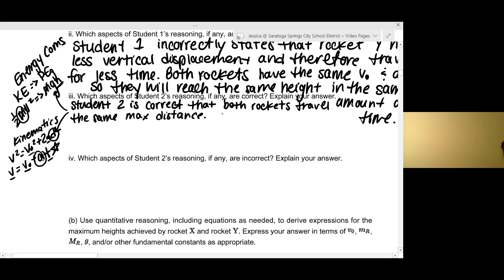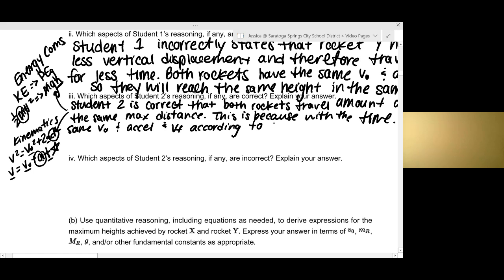This is because with the same v0 and acceleration, according to v final squared equals v initial squared plus 2ad, the distance, or height in this case, must be the same.